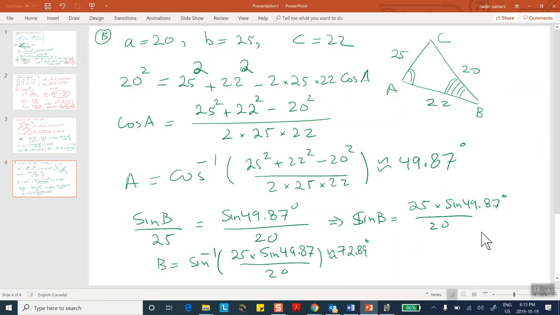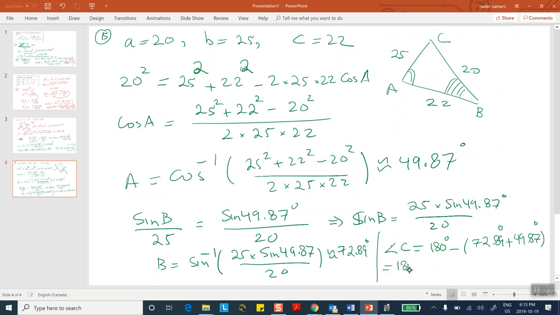Now, to find the final angle, angle C, we use 180 minus the sum of these two angles that we found. So 72.89 plus 49.87.